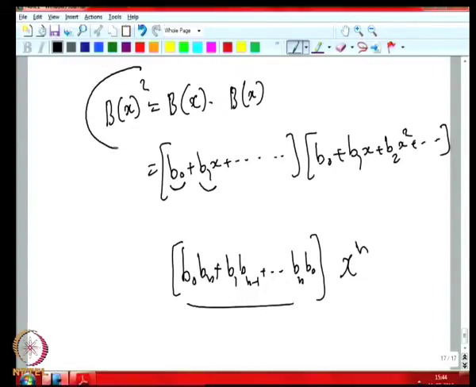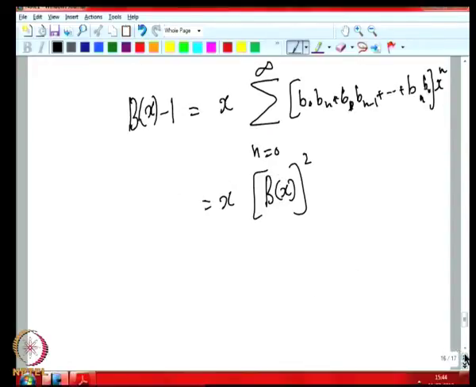So, the coefficient of x raised to n in b of x square is actually this, and then we can see that for n equal to 0 to infinity, this is the way we are writing, that is true for everything. So, therefore, x into b of x square is this.